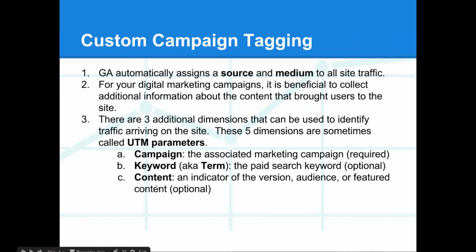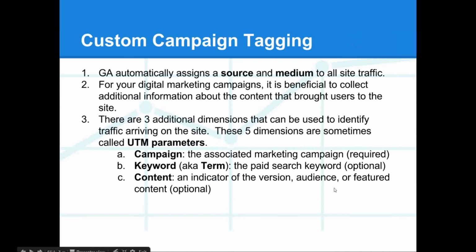The last dimension that you could use is content. And this one, like keyword, you can use however you wish. But the typical application we see is to identify a separate version of a campaign, or different versions that went out to different audiences.